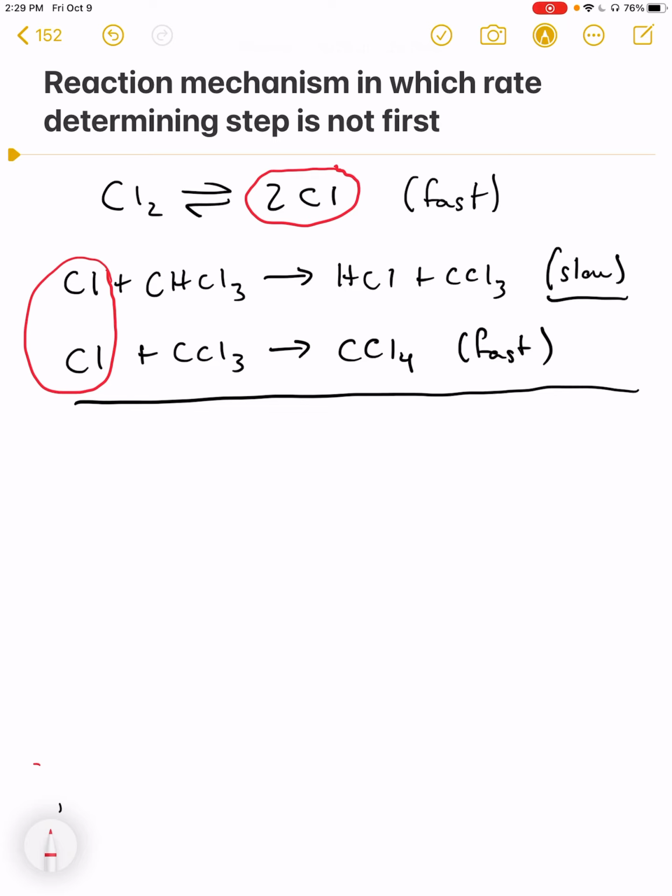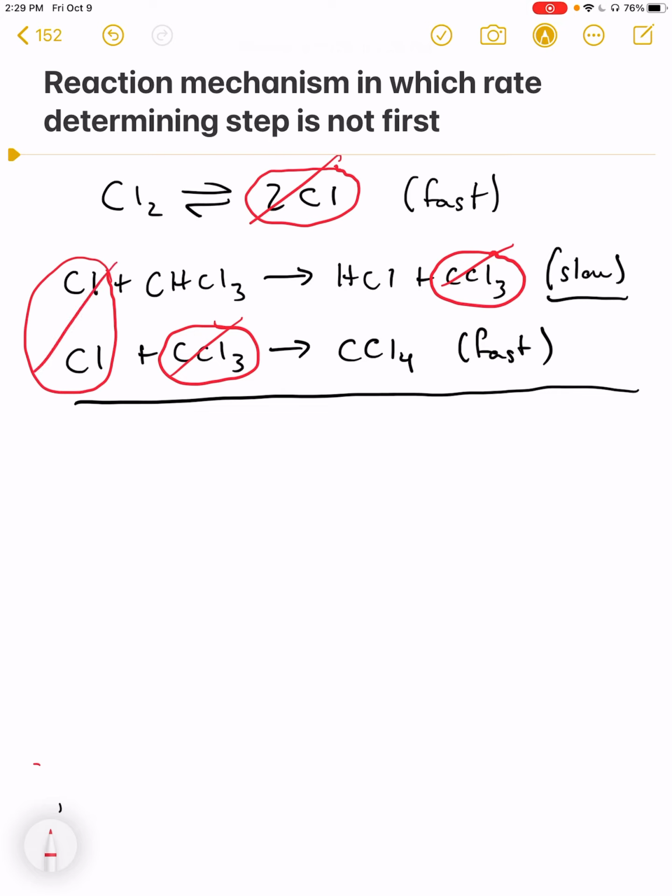We can also see that there is a CCl3 carbon trichloride on the right side and on the left side. Those will also cancel.